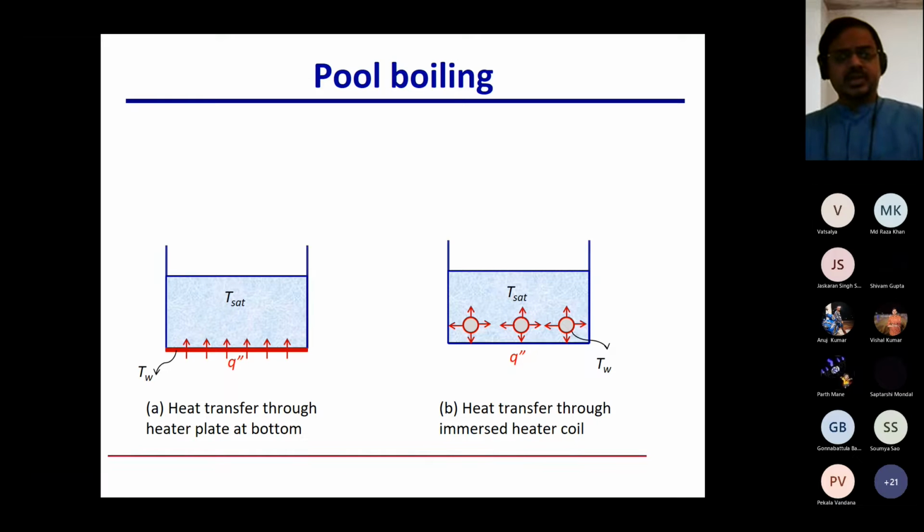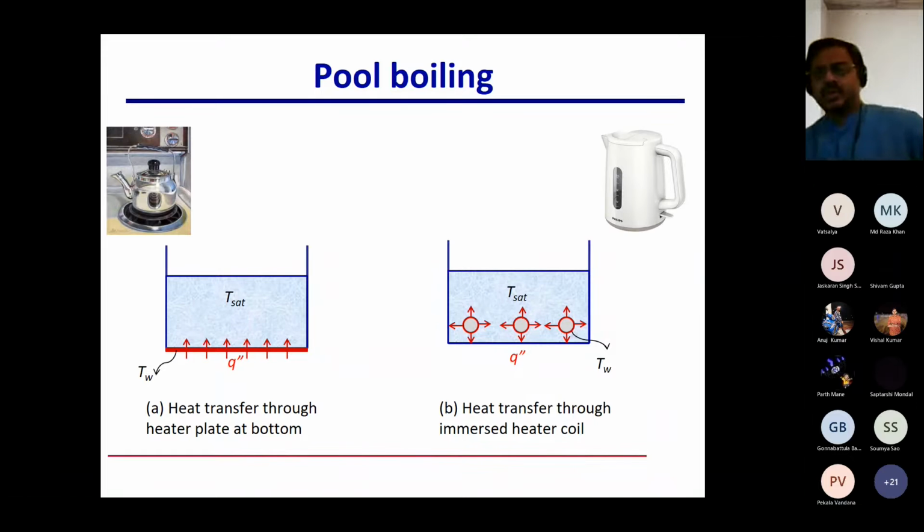The heat transfer is through a heater plate at the bottom, which is shown here. Heat transfer can also be through immersed heating coils, like in your immersion heaters or electric tea kettles, right? We have seen all this.